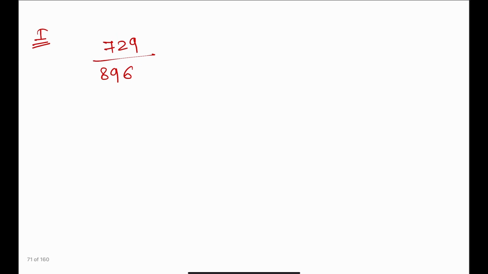We know that this is 7 by 8. 7 by 8 is already somewhat close, not even 7 by 8, it's 7 by 9. So it will be approximately 77%, right? So there are many ways to solve, but what I will choose over here is, let's take from the back side 896, minus how much we need to add to make it 729.